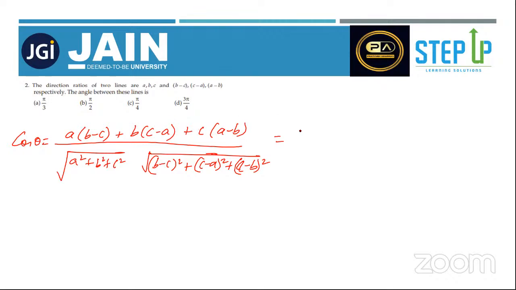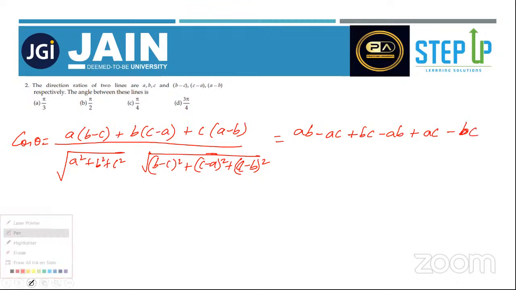How much is this equal to? It is AB minus AC plus BC minus AB plus AC minus BC. Now, if you see here, AB cancels AB, AC cancels AC, and BC cancels BC.